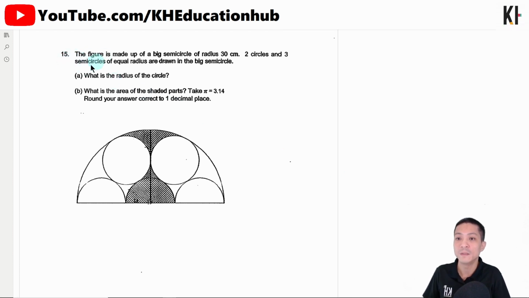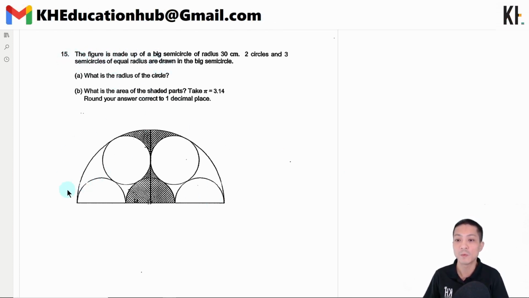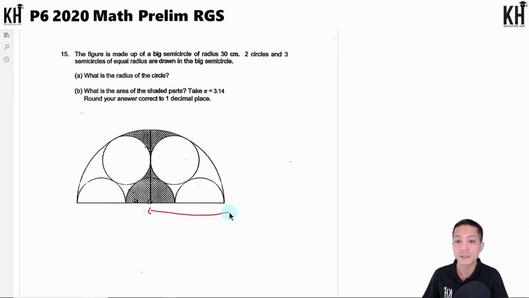Okay, question 15. The figure is made up of a big semicircle, so the big one over here, of radius 30 centimeters. Radius. So might as well write it down now. 2 circles and 3 semicircles.